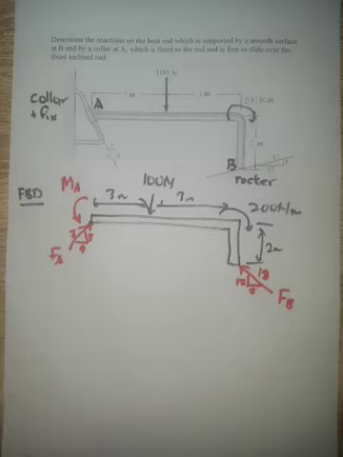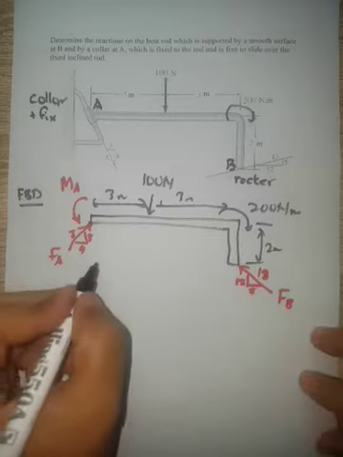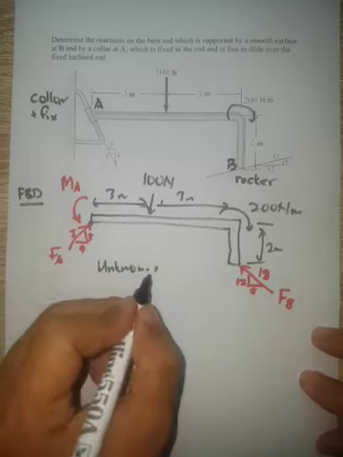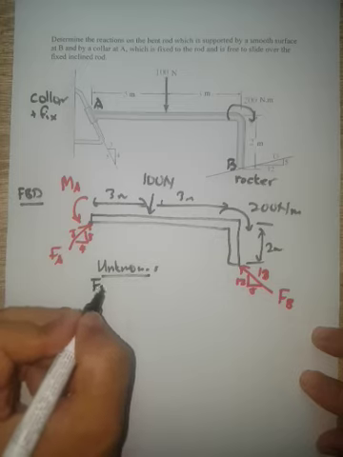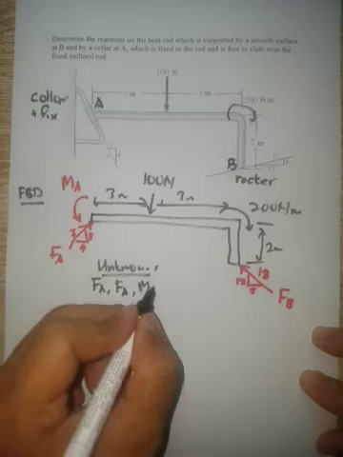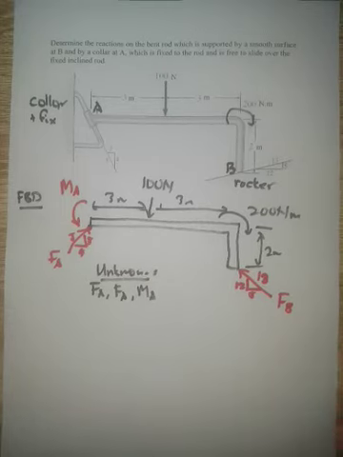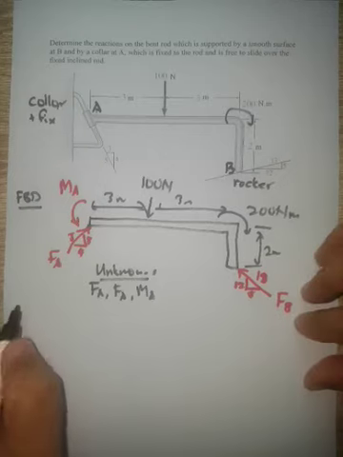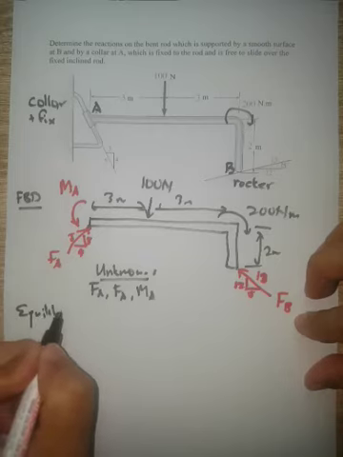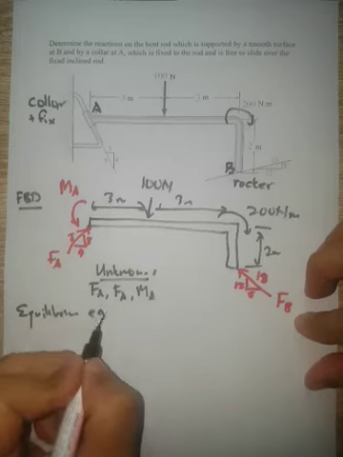And then from here, the unknown values that we can identify are FA, FB, and MA. We have 3 unknown values, so we need to solve by using 3 equations of equilibrium. So next is the equilibrium equation.